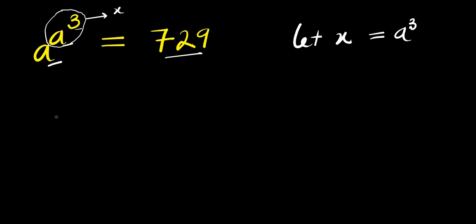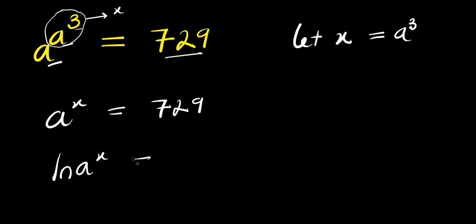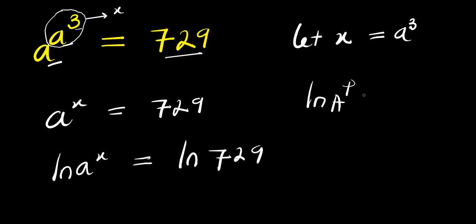So we have a power x equals 729. Now, we can apply natural log: natural log of a power x equals natural log of 729. Now, natural log of a power p equals p times natural log of a.